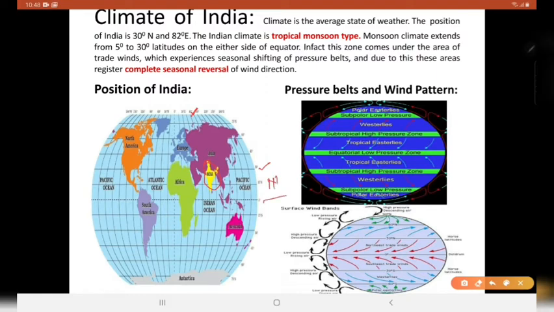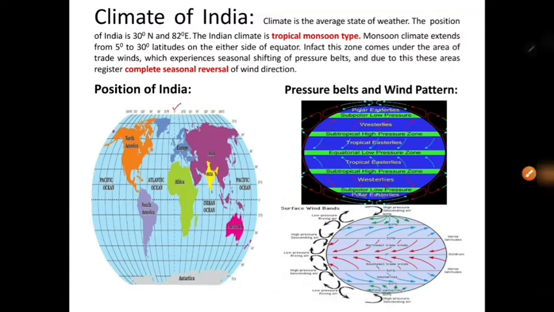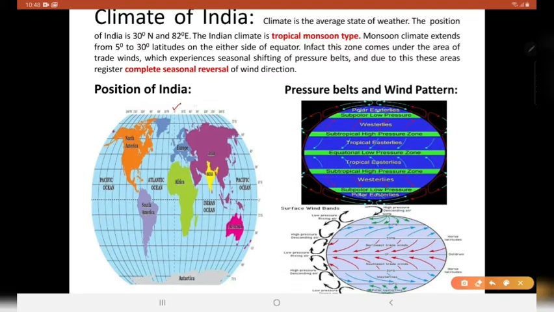This is the northern hemisphere and this is the southern hemisphere, and 82 degrees longitude in the eastward side from the prime meridian. Here you can see this is the prime meridian, and since India is situated in the eastward side, we can say it is present at 82 degrees east.